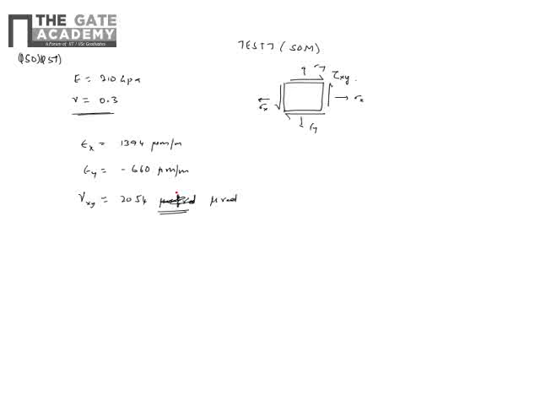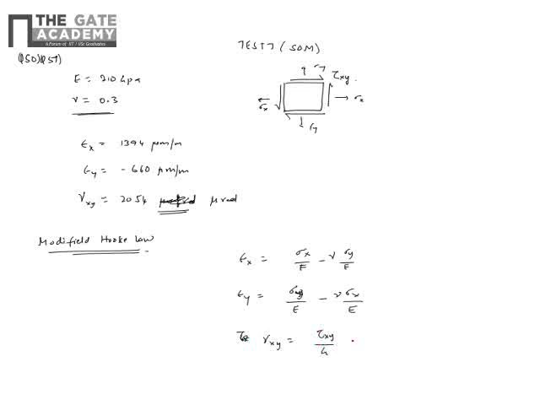Now, if you use the modified Hooke's law, what does it say? Modified Hooke's law says that epsilon x in terms of stresses, I can write as sigma x by E minus nu sigma y by E. Similarly, epsilon y I can write as sigma y by E minus nu into sigma x by E, and gamma xy I can write as tau xy by G, which is nothing but tau xy by E over 2 into 1 plus mu.